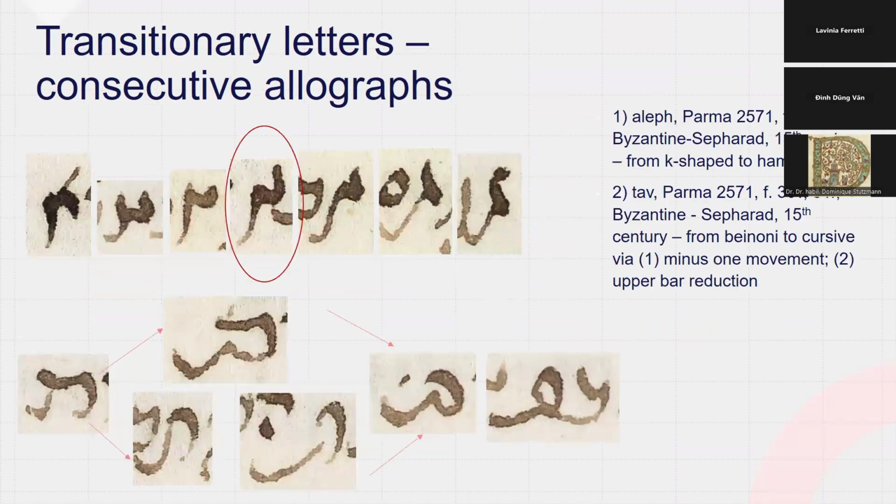So another example, again, from kappa-shaped aleph to Hamza-shaped aleph. Again, this is one manuscript, one page by the same scribe. And they go from this into this.